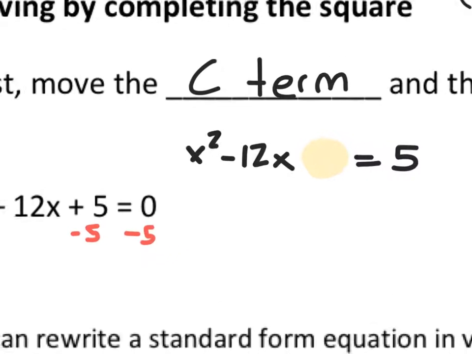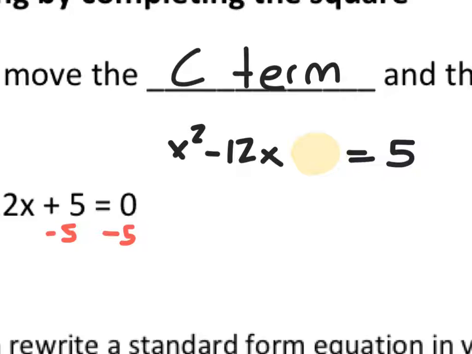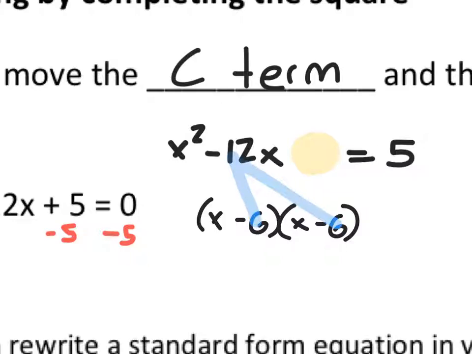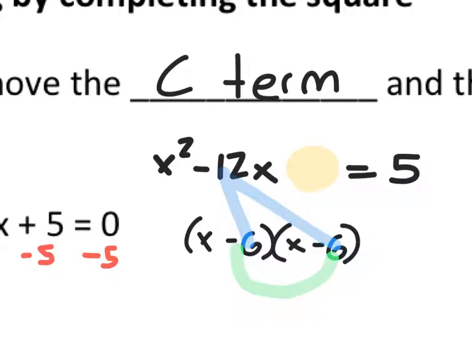And to do that, same concept as up above. You know, this is going to factor to x minus 6 and x minus 6, and that comes from splitting up the negative 12 into 2 equal pieces. Now, negative 6 times negative 6 is a positive 36.